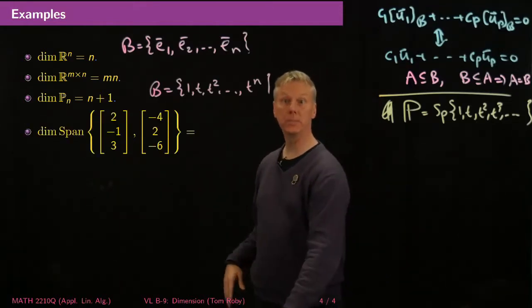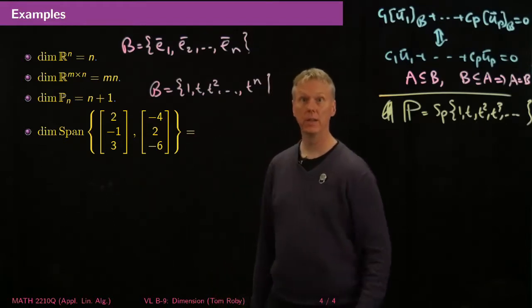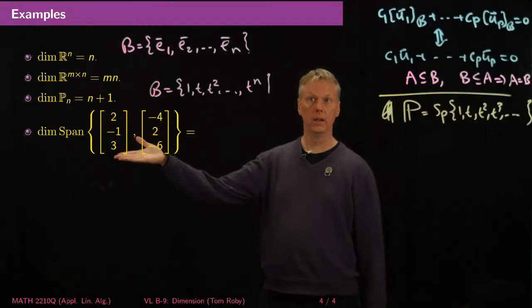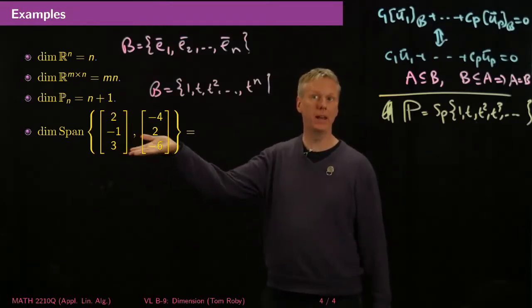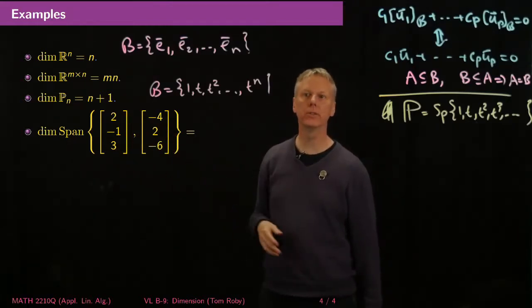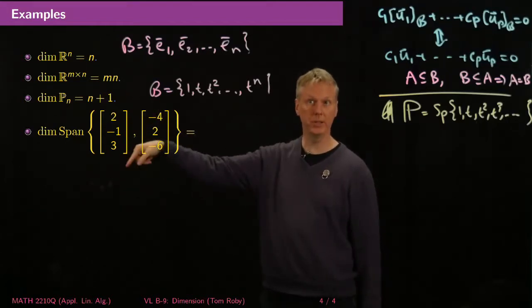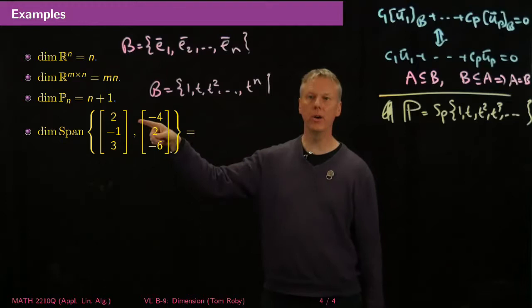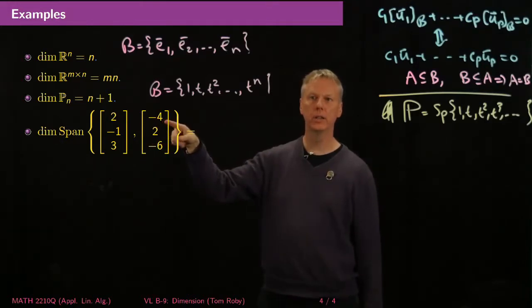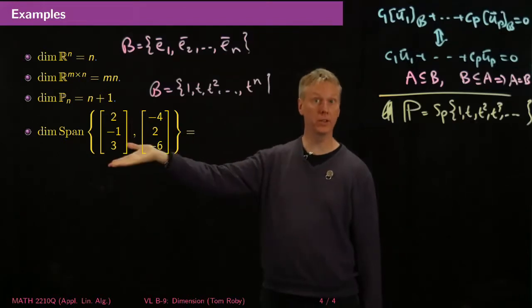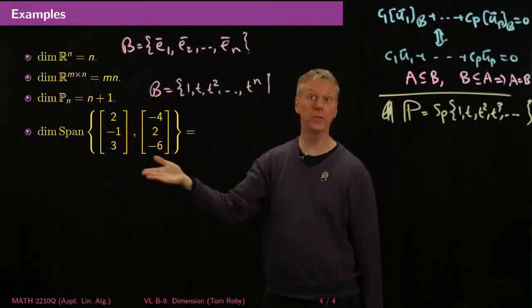What's the dimension of the span of these two vectors? Well, take a look at them. The span of any set of vectors is always a vector subspace. This is a subspace of what? R^3, right? Because I've got vectors of length 3. But notice that this vector is just -2 times that vector, right? So that means that one of these vectors is a scalar multiple of the other.